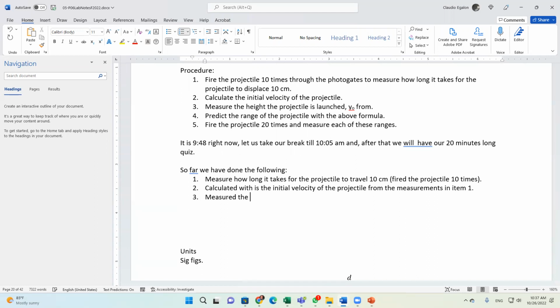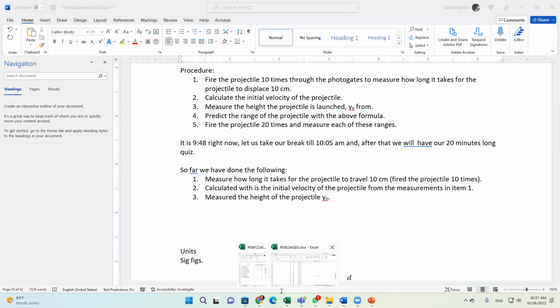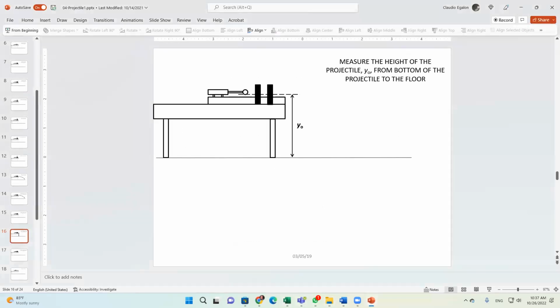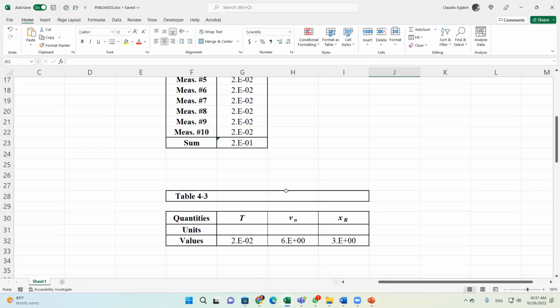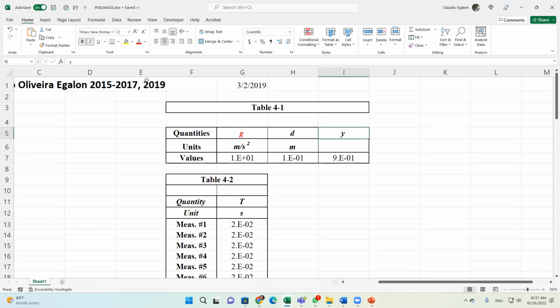Measured the height of the projectile, y naught. This guy here is supposed to be y naught, okay?